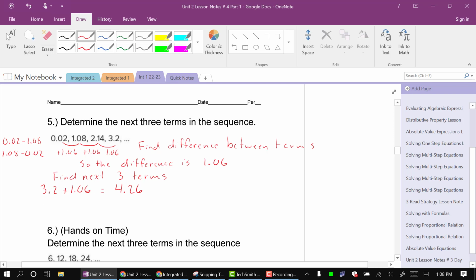Now I'm going to take that and add the difference again. 4.26 plus 1.06 gives me 5.32. Then I'm going to add another 1.06, which gives me a total of 6.38. So these are my next three terms for this problem.